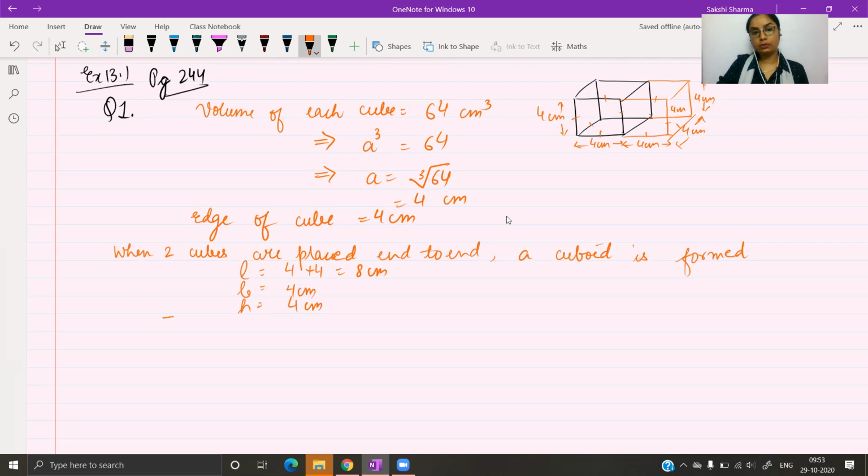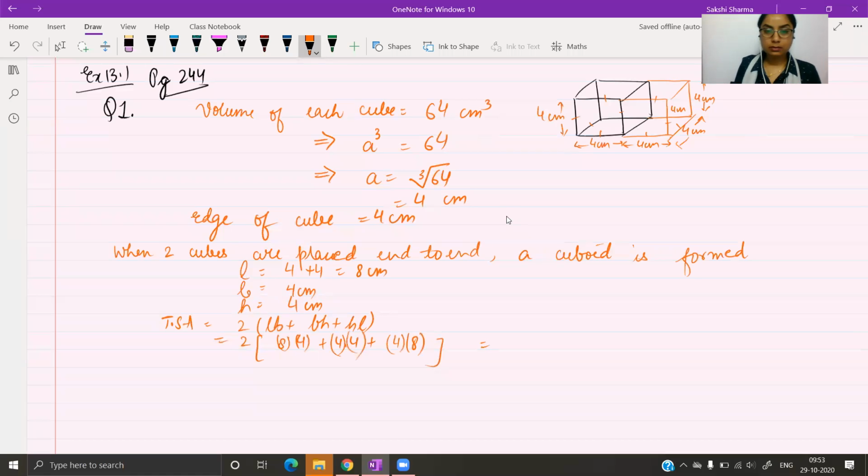And now you can find out the total surface area. 64 and 16, 80, 160.